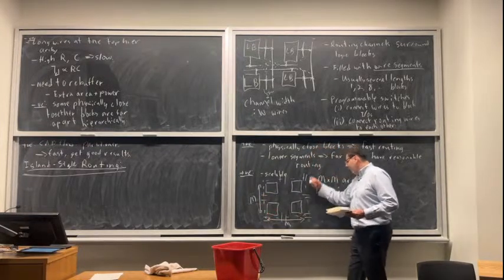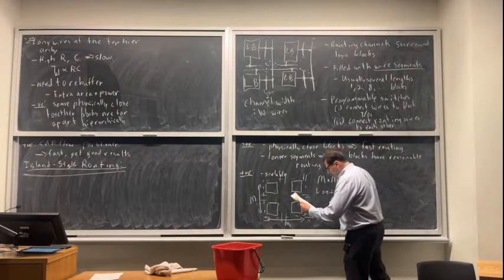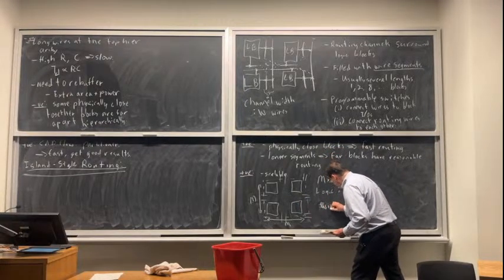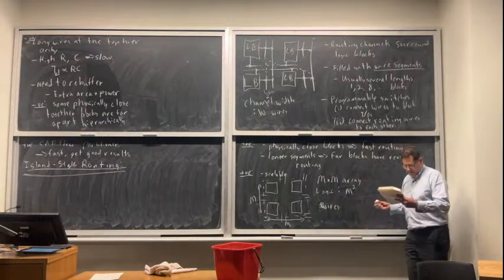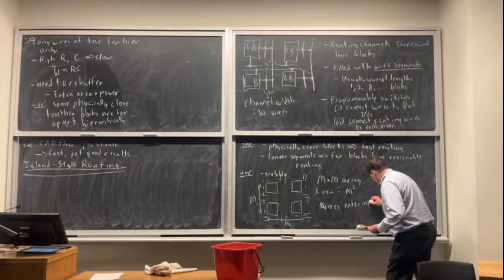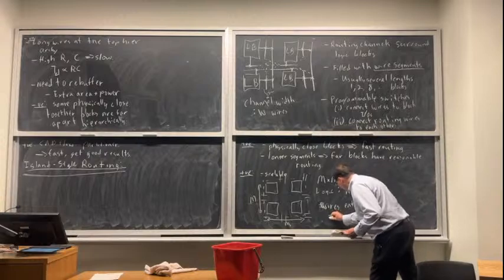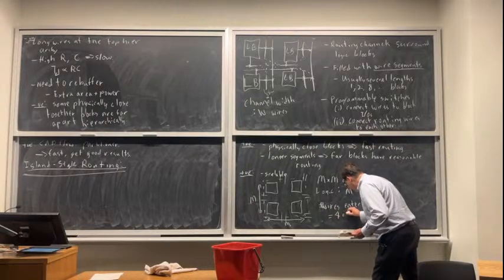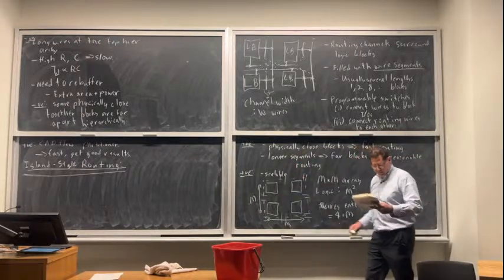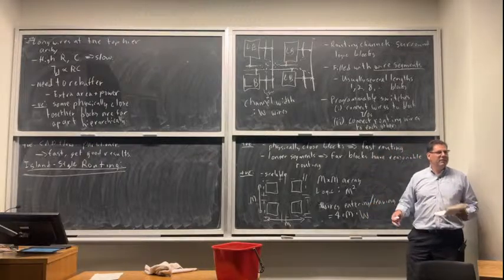There are 4 sides, okay? So the number of wires, let me write this down differently. Wires that enter or leave is equal to 4 sides times, on each side, M routing channels that cross through my perimeter, and each of those has a number of wires in it, W. Make sense?